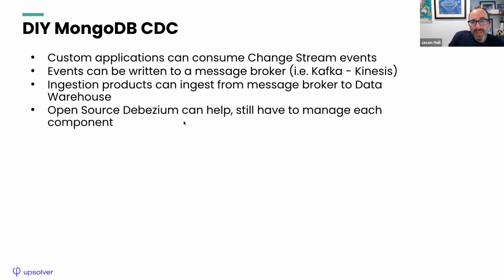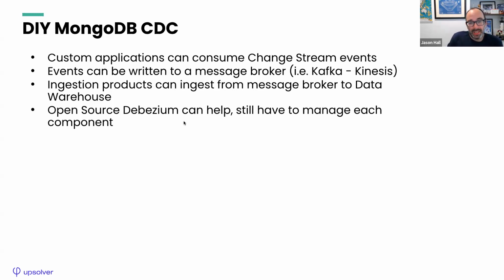And so the way that would work is you would have a custom application that consumes change stream events. Right? Pretty simple syntax, very easy to find online for building an application in a variety of programming languages that can read change stream data. They call them watch commands. You're watching a collection for change stream events that come off of MongoDB.